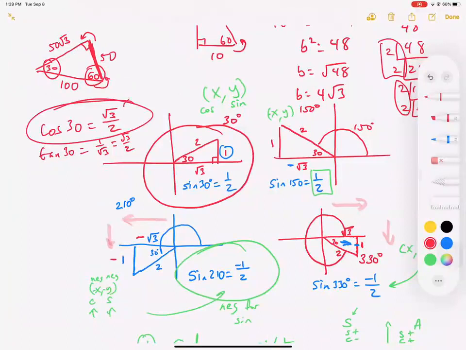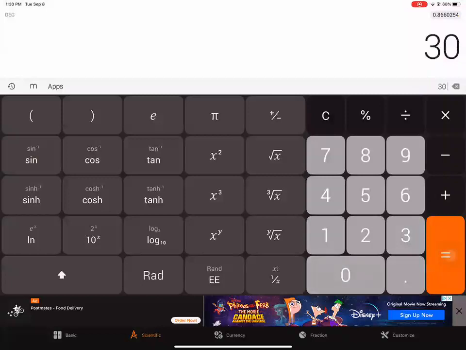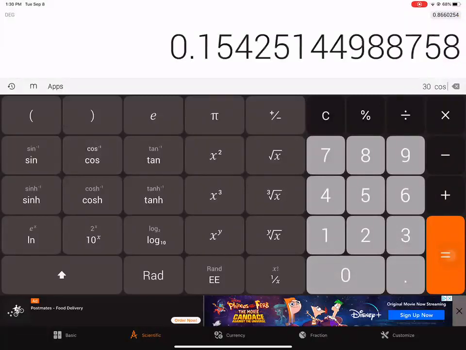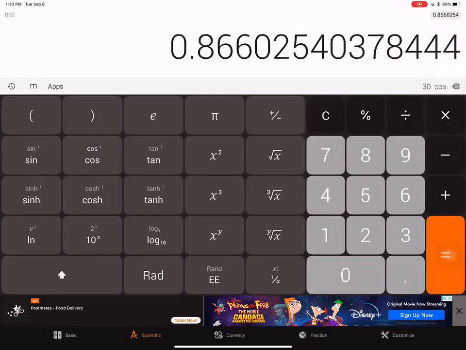It's another way of saying 0.86 with change. So let's see if our calculator gives us the same exact answer. 30 degrees cosine is 0.86.